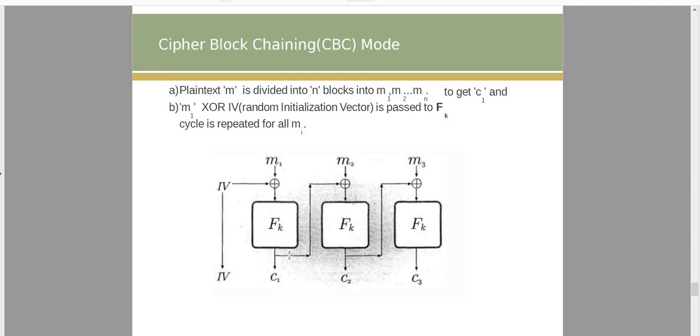The encrypted output is the next initial vector for XORing with the next block M2. The same step is repeated till we get all the ciphertext.